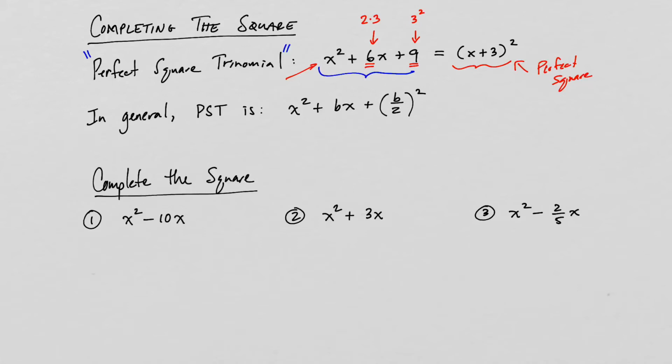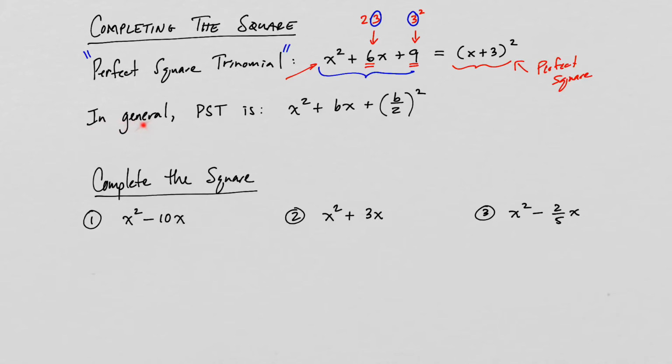So what these two numbers have in common is the 3. So where does that 3 come from? Well, 3 is half of 6. If we take half of 6, we get 3. And if we square 3, we get 9. That relationship always holds true in a perfect square trinomial.